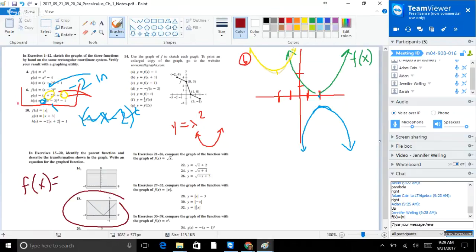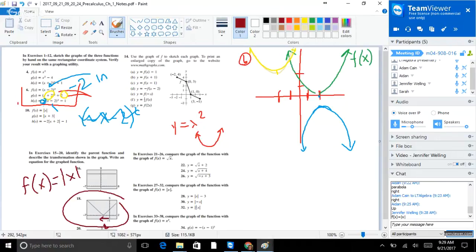I agree with you. This is an absolute value function. But something's happened to it, right? It looks like it is shifted to the left, and my eyes say 2 units.